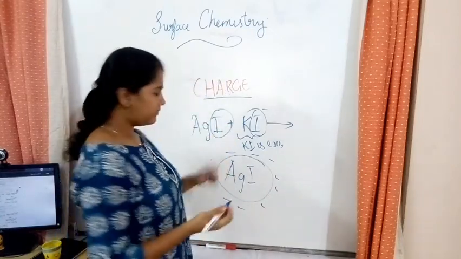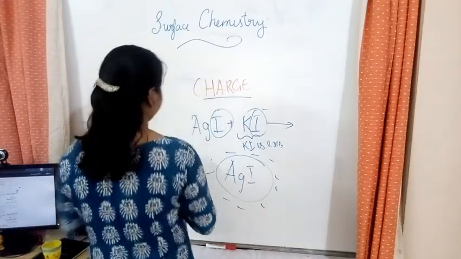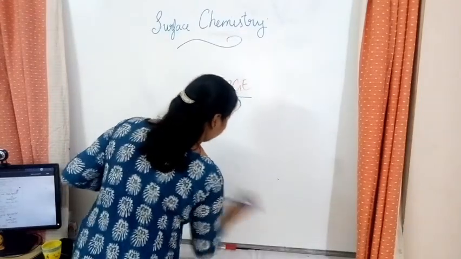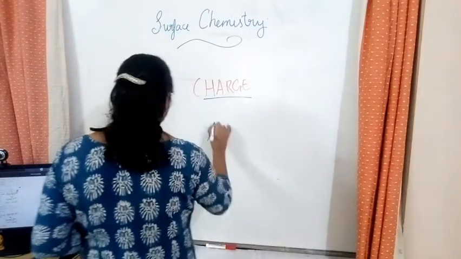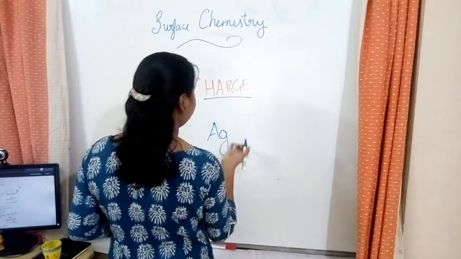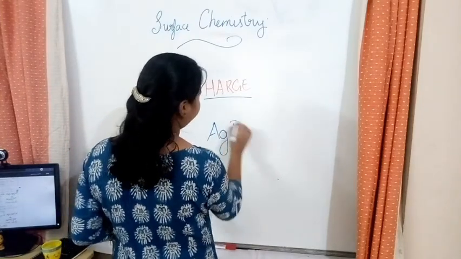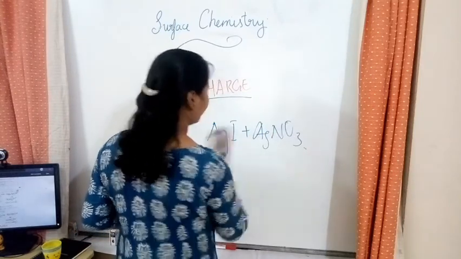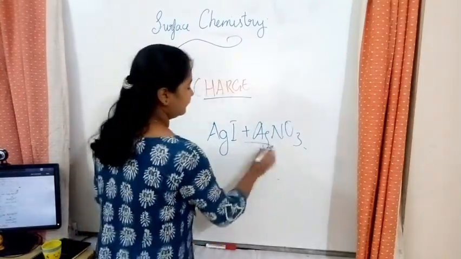For example, let's take AgI plus AgNO3. What is the common ion? Ag.